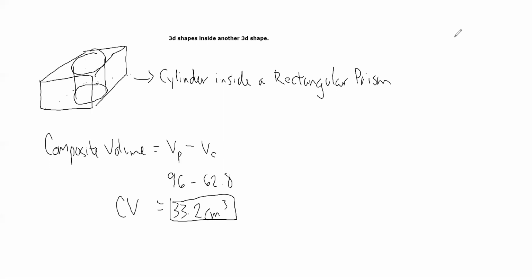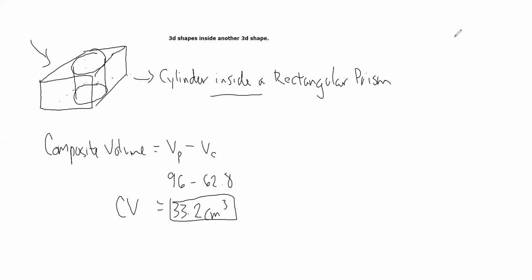I have some kind of wooden cube or something, and I drilled a hole right through it, a perfect cylindrical hole right in the middle of that block of wood or whatever. I don't know why I would have been compelled to do this, but I did it. And I ended up with what looks like a cylinder inside of a rectangular prism.